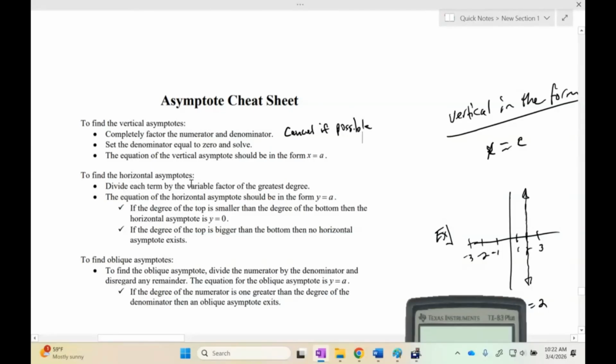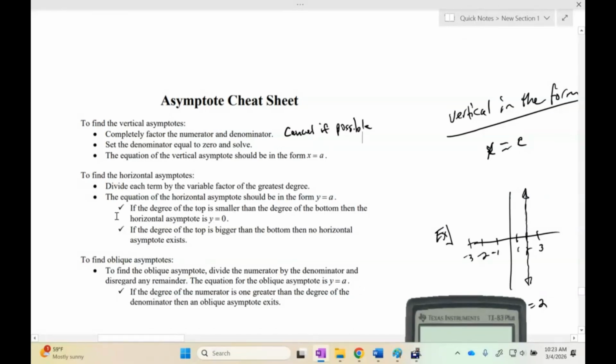To find the horizontal asymptote, notice that you see some bullet points and then you see some checkpoints. The first thing you want to do here is check to see if a horizontal asymptote exists. So notice there are no checkpoints for the first one, just bullet points on what to do.